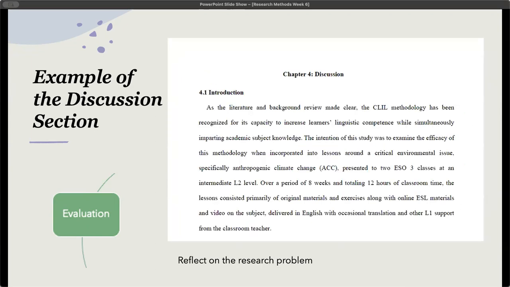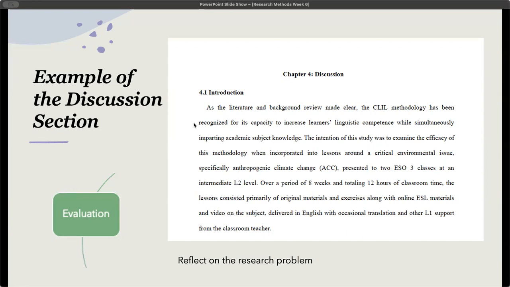Okay, so if we look at the introduction of the discussion section, this is where you're going to reflect on the research problem. So if you notice the first sentence, as the literature and background review made clear, the CLIL methodology has been recognized for its capacity to increase learners' linguistic competence while simultaneously imparting academic subject knowledge.